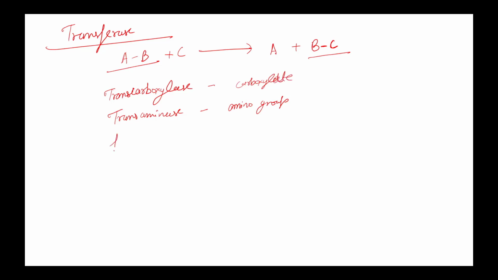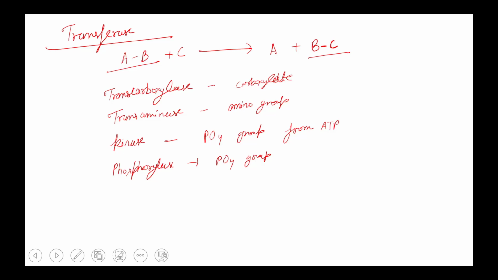There are kinases, which transfer a phosphate group. We also have phosphorylases, which also involve the transfer of a phosphate group, but kinases transfer the phosphate group from ATP to another substrate, and phosphorylases transfer an inorganic phosphate group to a substrate other than ATP.